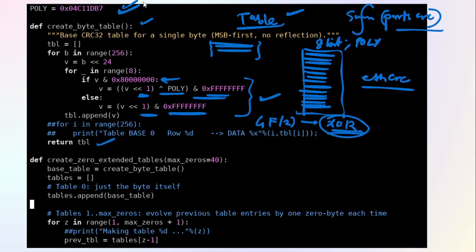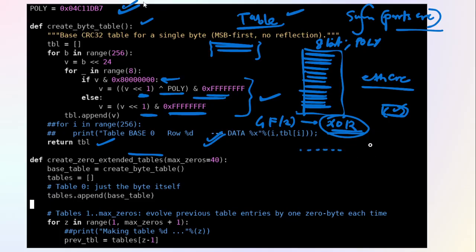Now keep in mind, we have talked about two separate things. Because we are not doing this in software, we are not taking each byte as a byte. There is another trick that we have to do, called zero extended tables. When we take the base table, we extend these tables to have a certain number of zeros behind them.